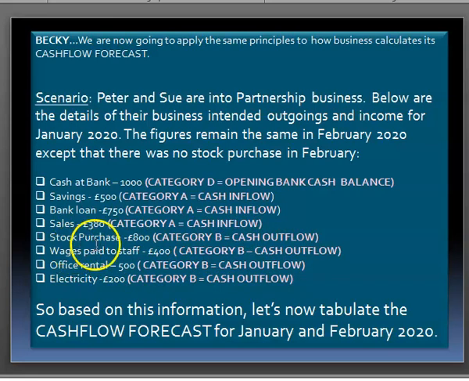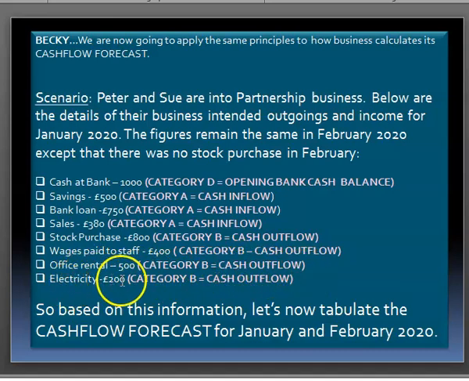So stock purchase: when they purchase something, that means they're spending. That falls into category B, which is cash outflow. Then they pay wages to the staff, category B, cash outflow. Then they pay the office rental for the business, category B, cash outflow as well.